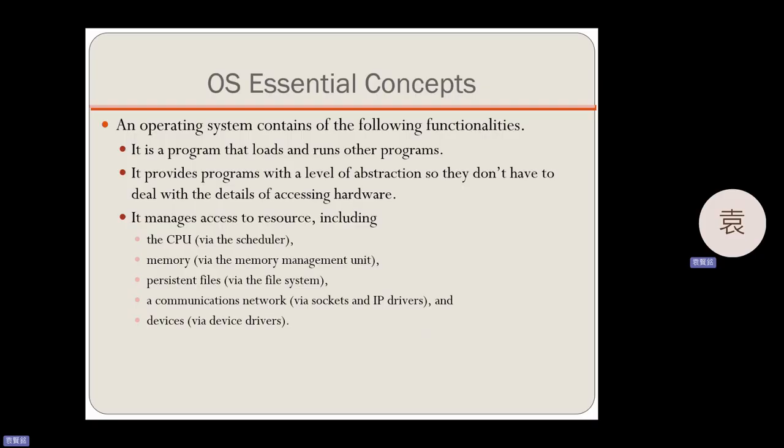These resources can only be accessed through the services provided by the operating system. The user program cannot directly access these resources. So that's the basic functionality of an operating system: provide the service to load and run a user program, and also provide services that let user programs access these hardware resources.